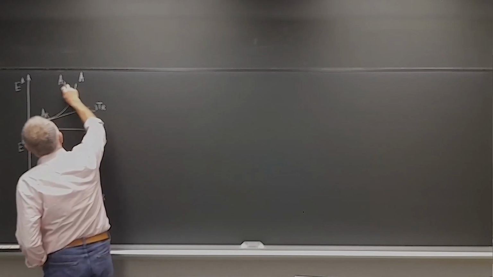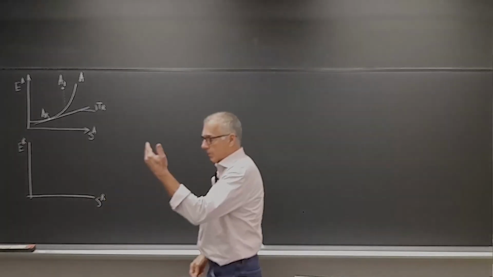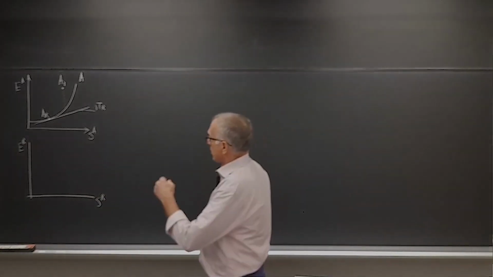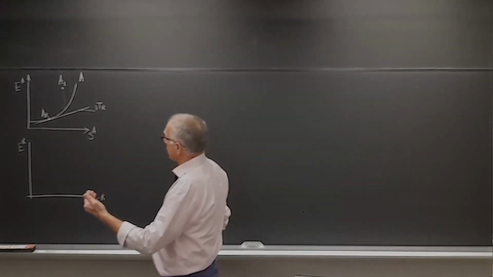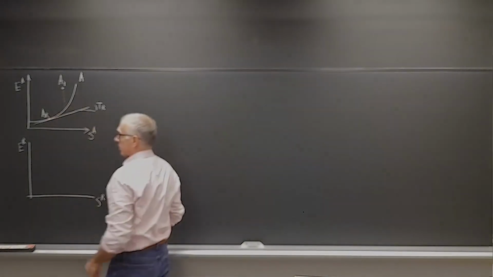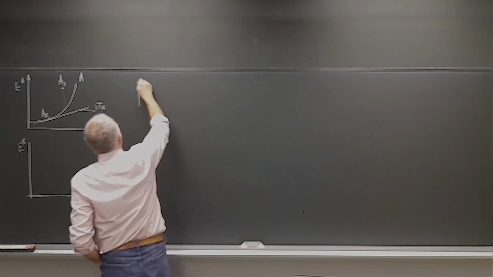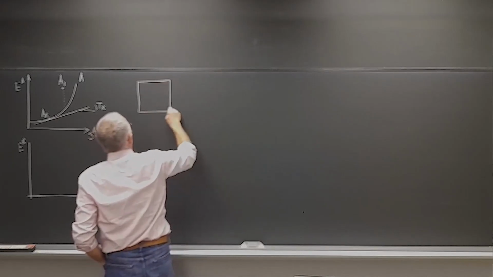Definitely, it cannot do it in a weight process, because in a weight process, the most you can do is keep the entropy constant. But if you're not doing things reversibly, you generate entropy, so you're going to move to the right, not to the left.